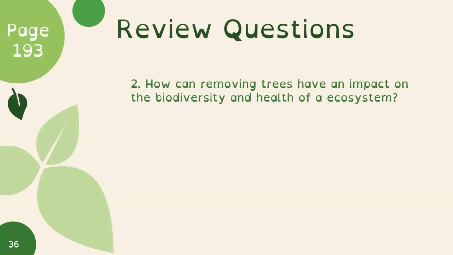All right, so our review questions on page 193. How can removing trees have an impact on the biodiversity and health of an ecosystem? So removing trees means that we are removing habitats for animals, birds. It means we are removing a root system that protects the soil.